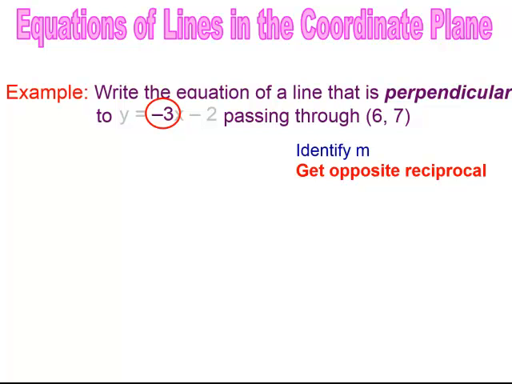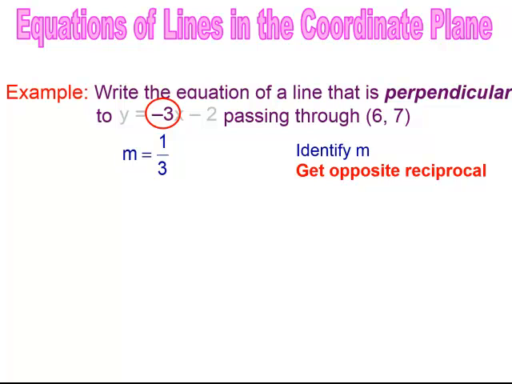And then you need to get the opposite reciprocal of that slope. So we have negative 3, and the opposite reciprocal would be 1/3, and it's a positive 1/3 because it's a negative 3, so it has to be the opposite sign, which is positive, and then when you put 3 over 1 and flip it, you get 1/3.